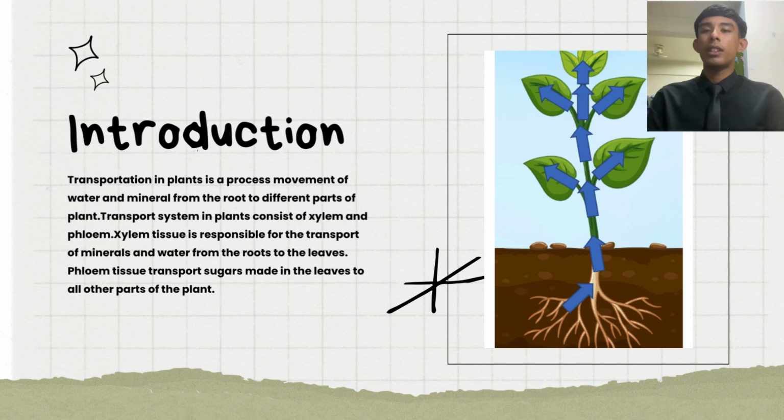Xylem tissue is responsible for the transport of minerals and water from the roots to the leaves, while phloem tissue transports sugars made in the leaves to all parts of the plant.